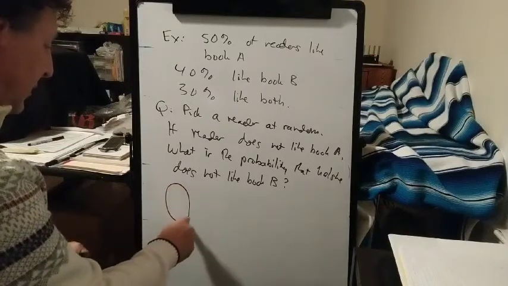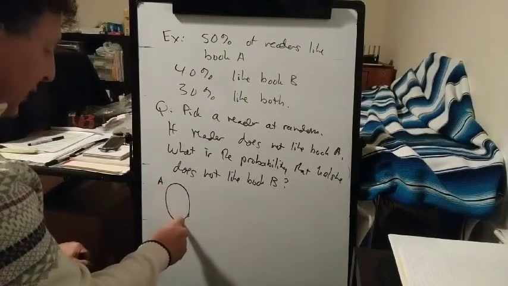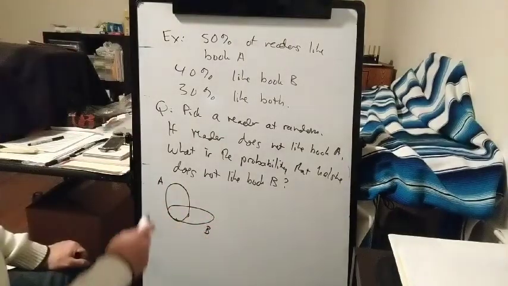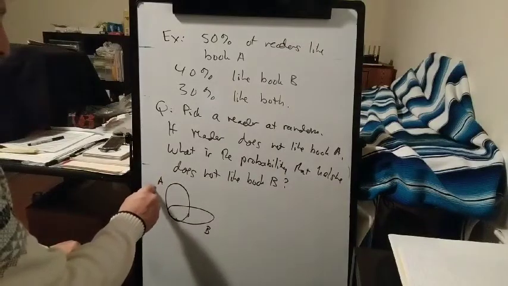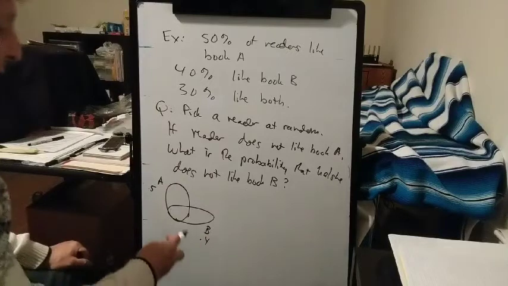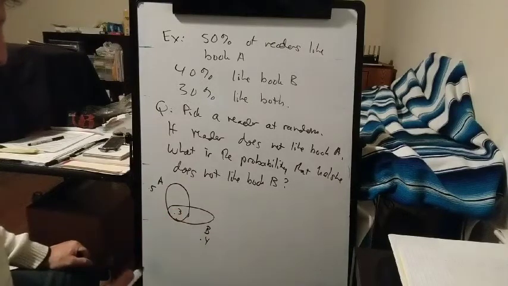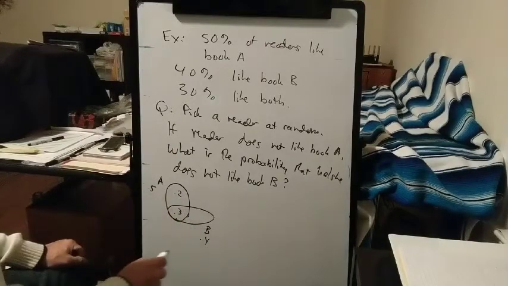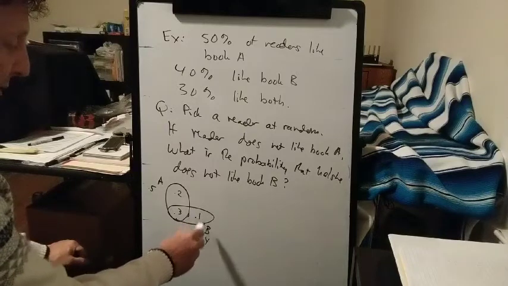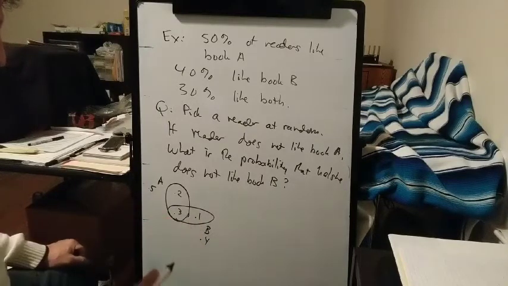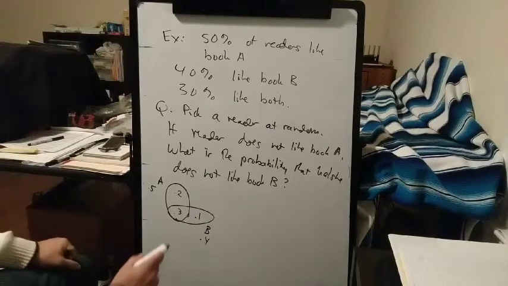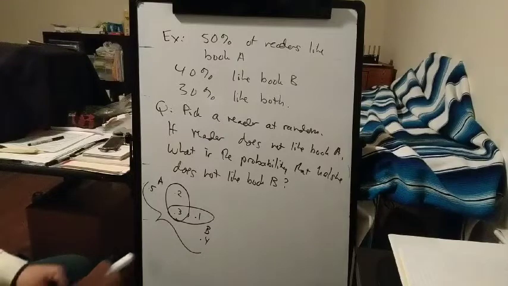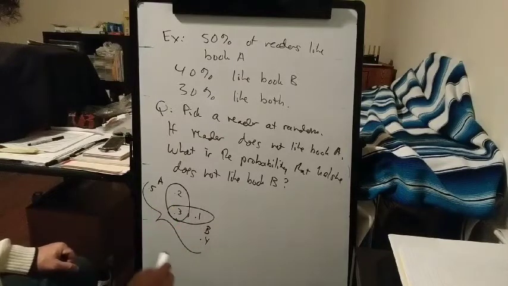So here's, let's say, all the readers who like book A, and here's all the readers who like book B. We know this is 0.5 total, this is 0.4 total, and there's 0.3 in their intersection, which tells us that there must be 0.2 in here that like book A but not B, and 0.1 that like book B but not book A. So together, the union has probability 0.6.